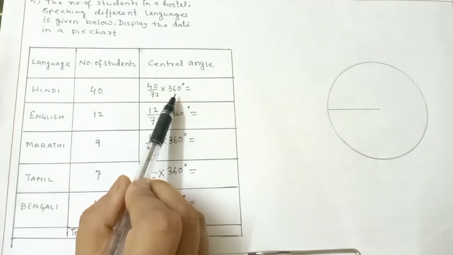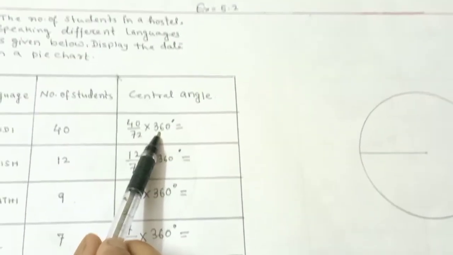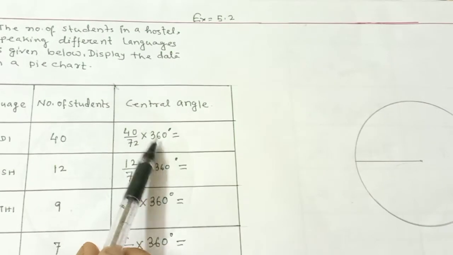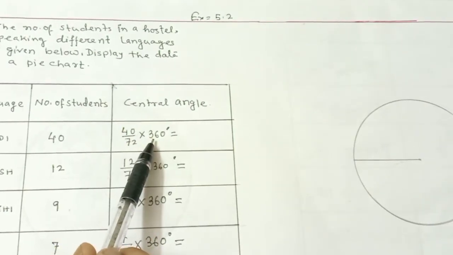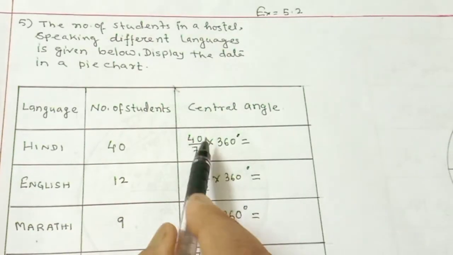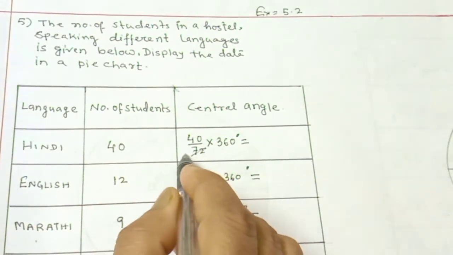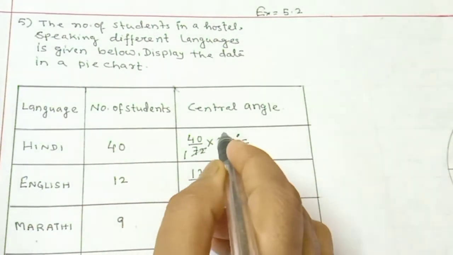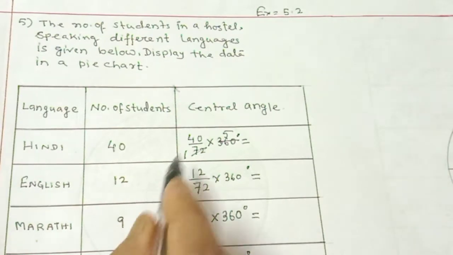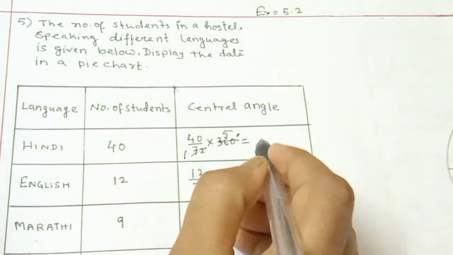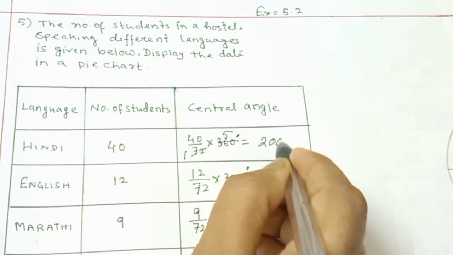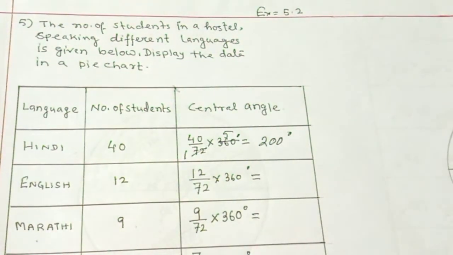When you are converting to the central angle, it will be 360 degree. 40 by 72 into 360 degree. If you cancel it, 72 1 is 72, 72 5 is 360 degree. Now 40 into 5 will be 200 degree. Central angle 200 degree.